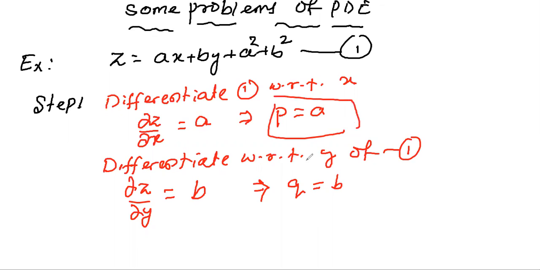So p is substituted for a and q is substituted for b. Now substitute p in place of a and q in place of b in equation one, then the equation is transformed into partial form.